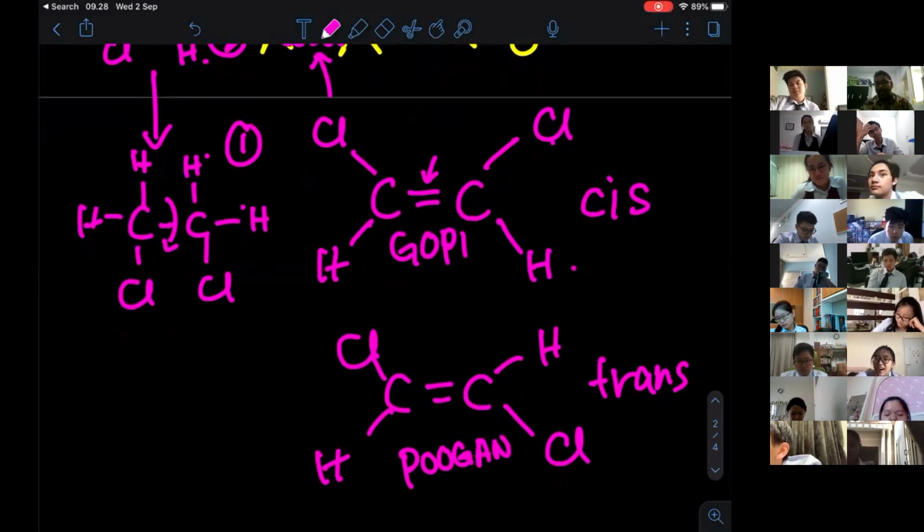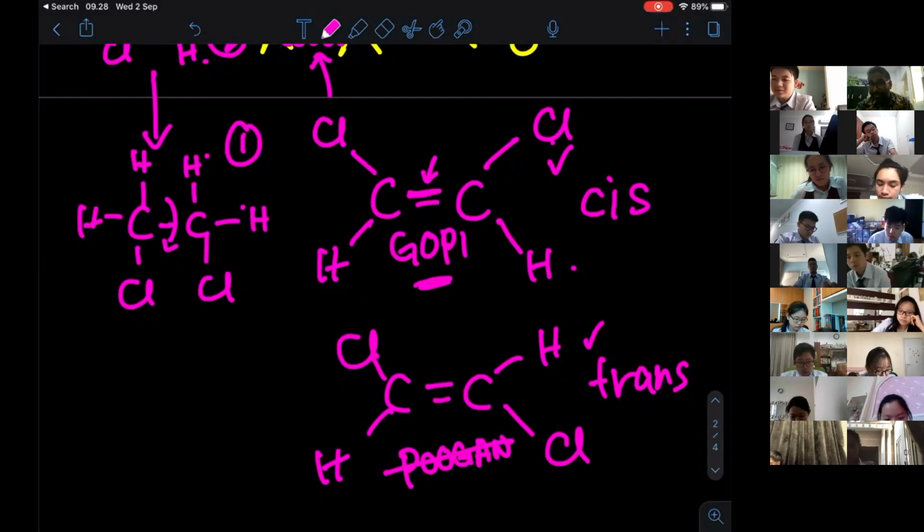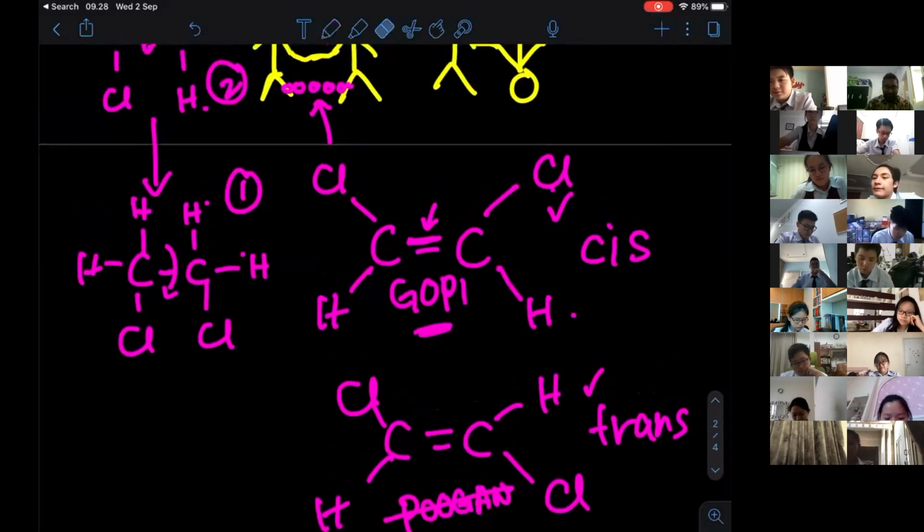You cannot say that this is Gopi part 1 and this is Gopi part 2, even though they look identical. They are totally different, because in nature, this thing and this thing should not occur in the same way, because of the restriction posed by the pi bond. I hope you understand this part. That's why you have something called isomerism. That one we will learn later.